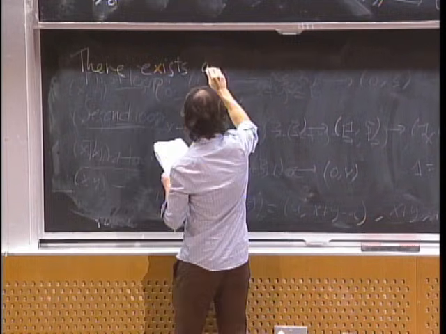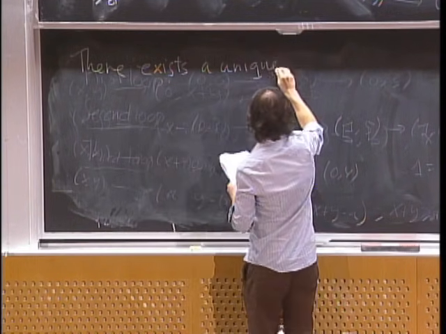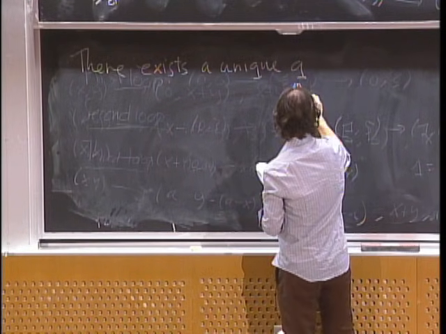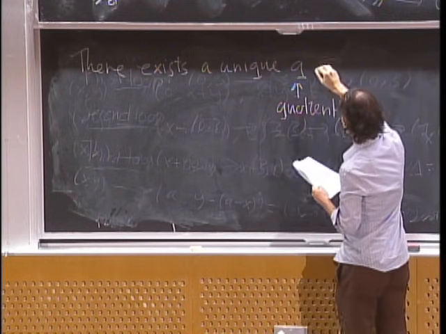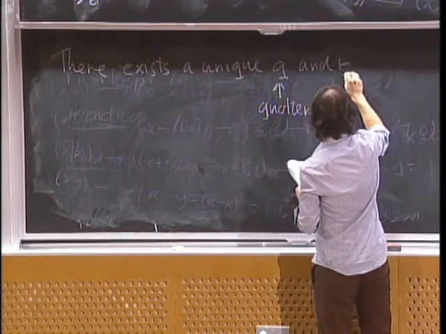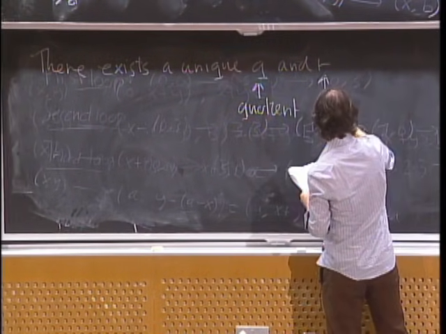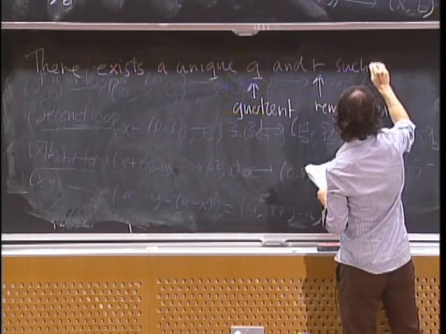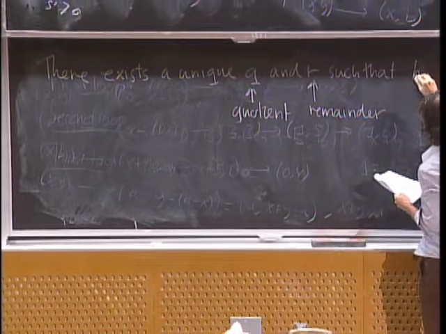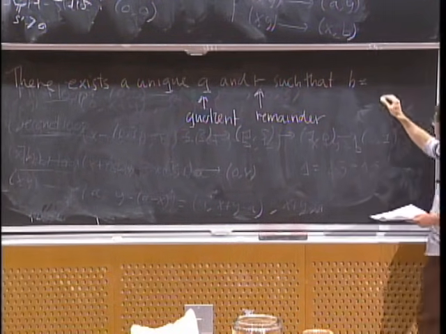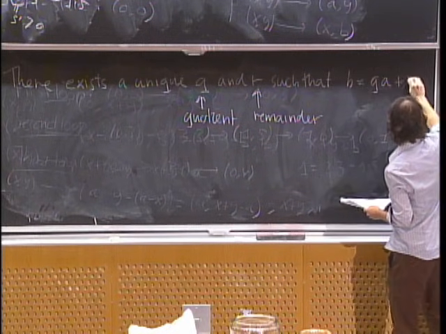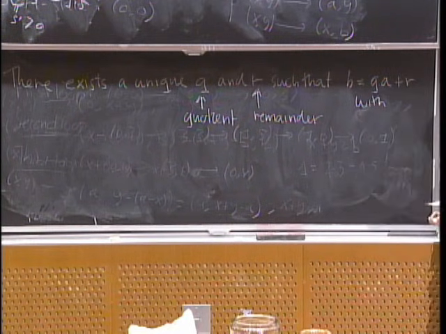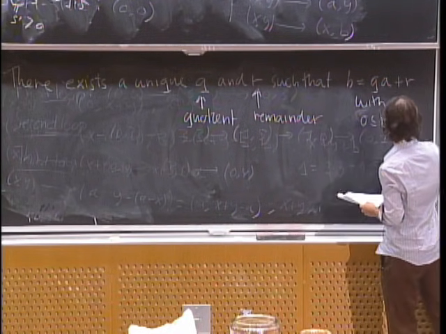There exists a unique q, which we will call the quotient, and r, we'll call this the remainder, such that b equals q times a plus r, with the property that 0 is at least r and at most a.